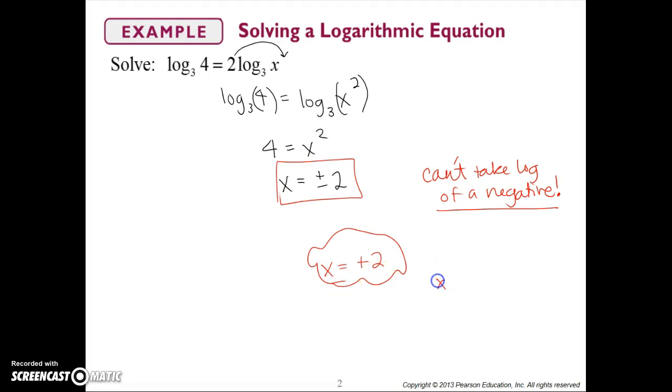That means x equals negative 2 is called an extraneous solution. That means, yes, you get x equals negative 2 when you solve the problem, but if you plug negative 2 back into the original problem, it doesn't work. So it's not a real solution.